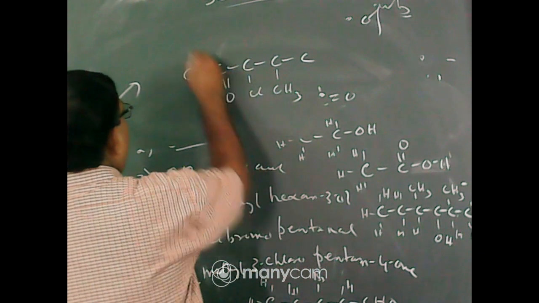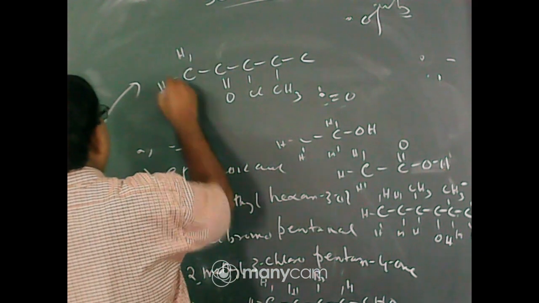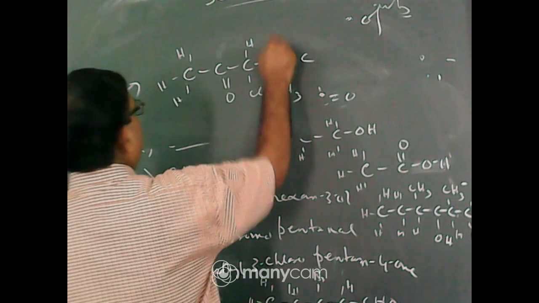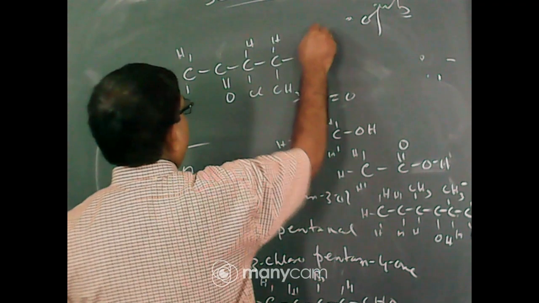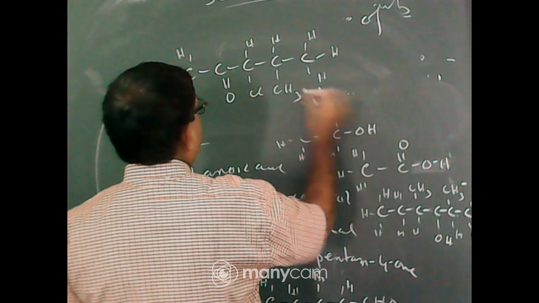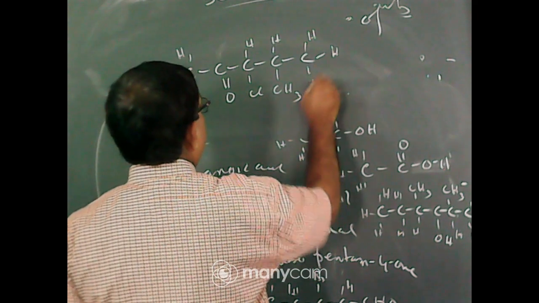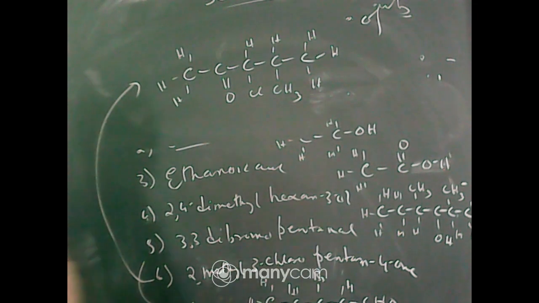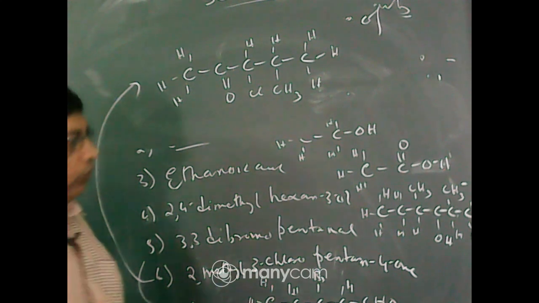Now here already 4 carbons, so CH3, here H, here H, and here CH3. So this is 2-methyl-3-chloropentan-4-one.